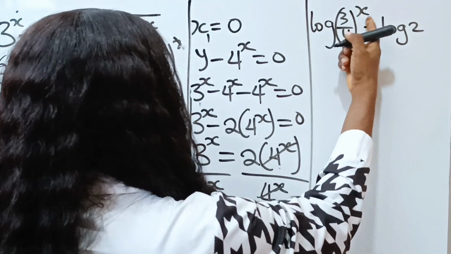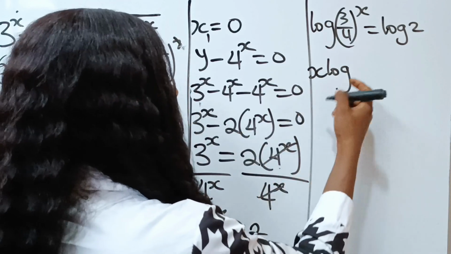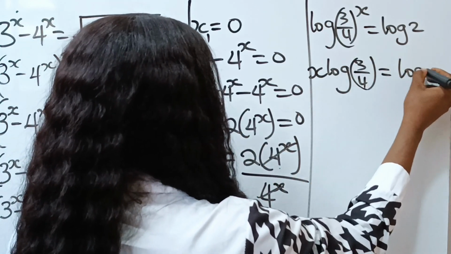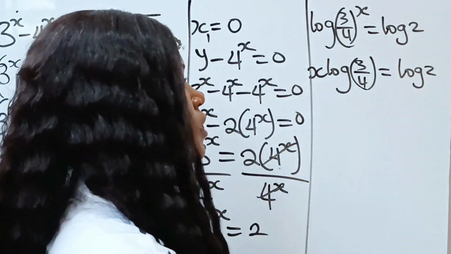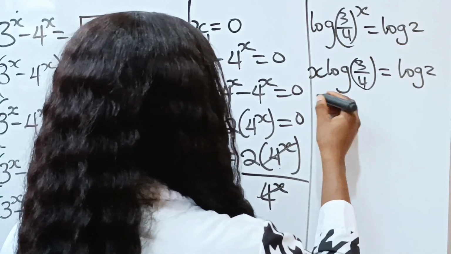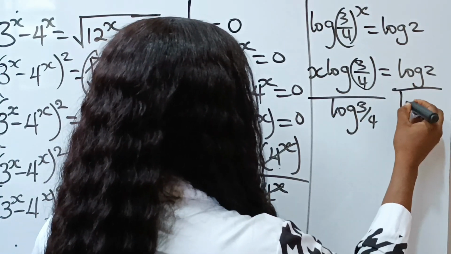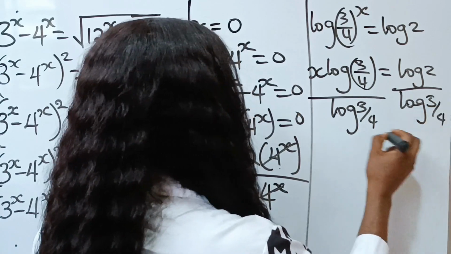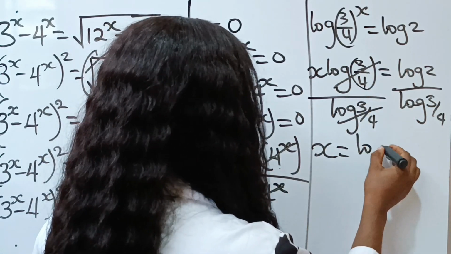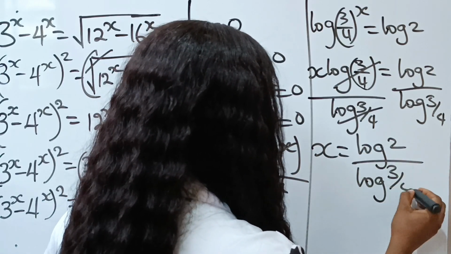Now this x will come down just like we did the other time to multiply log 3 over 4, is equal to log 2. Now to get the value of x, we divide through by log 3 over 4. Now this will cancel this, and we have that x is equal to log 2 divided by log 3 over 4.